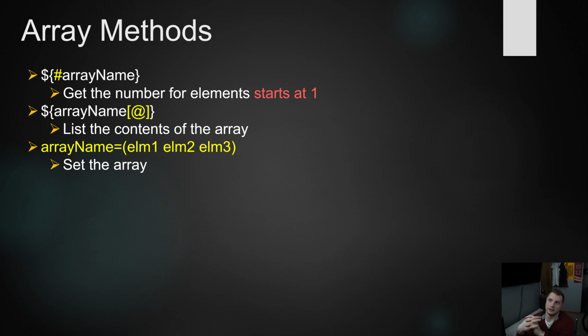But just be aware that this starts at 1 and not 0. All right. So that's the contents of the array. We got this little @ symbol in here with 2 square brackets. Okay. And then if we're setting the array, we need the array name equals, again, there's no space here, parenthesis, your element, and then closing parenthesis.